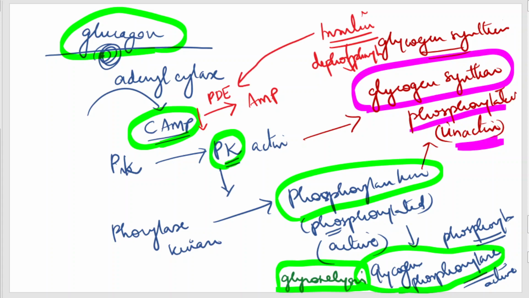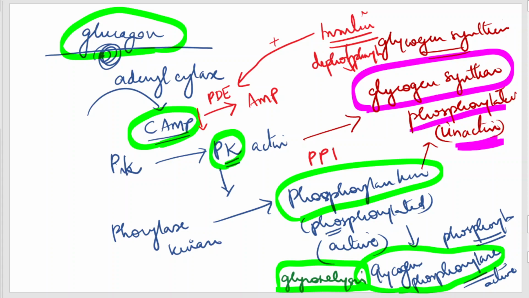One more enzyme is protein phosphatase 1, which can remove the phosphate from the phosphorylated enzymes, such as phosphorylase kinase and phosphorylase.